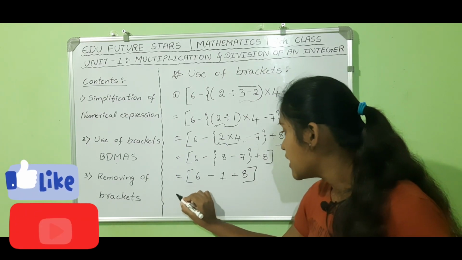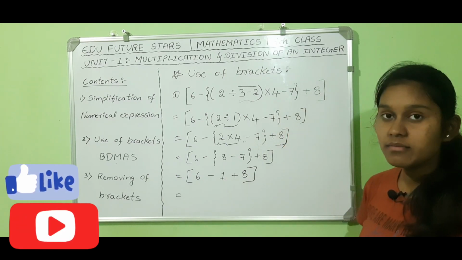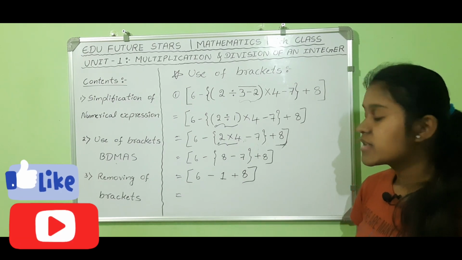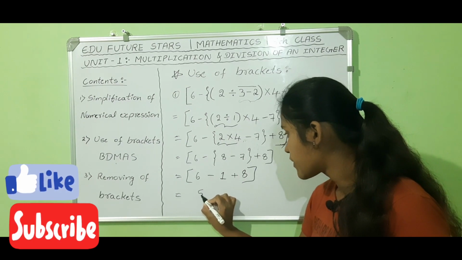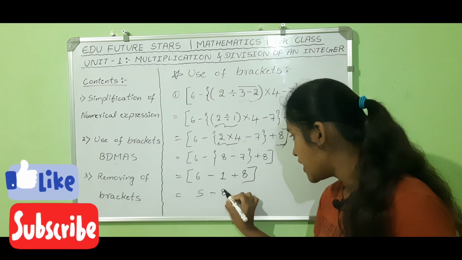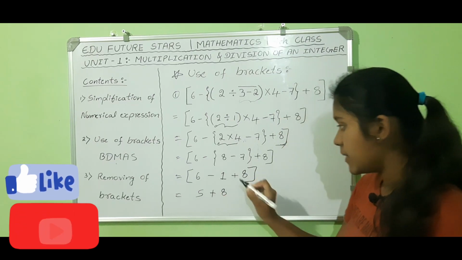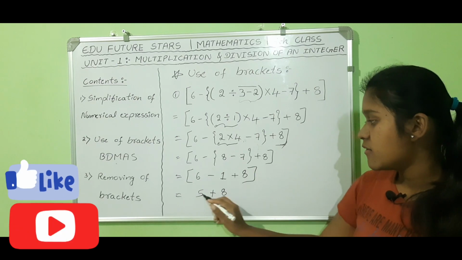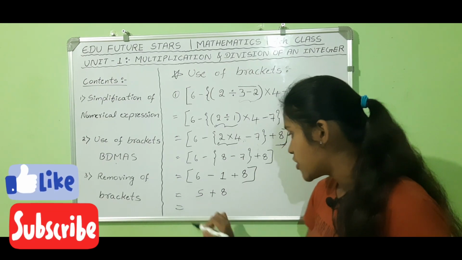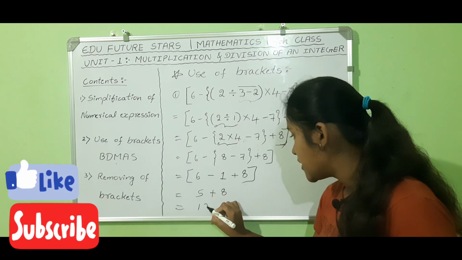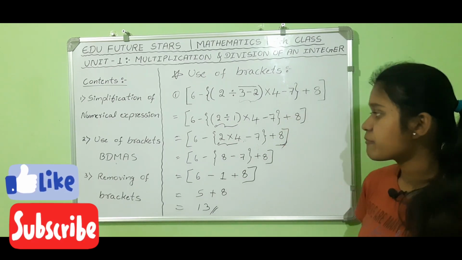Now let's solve everything. 6 minus 1 is how much? Which is 5. Then 5 minus minus 8, 5 plus 8, which gives 13 as the result.